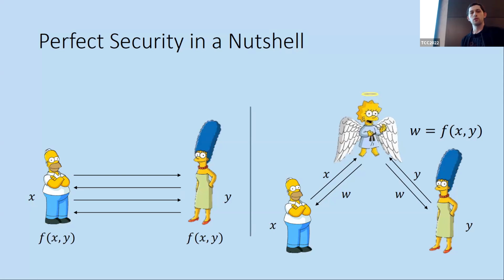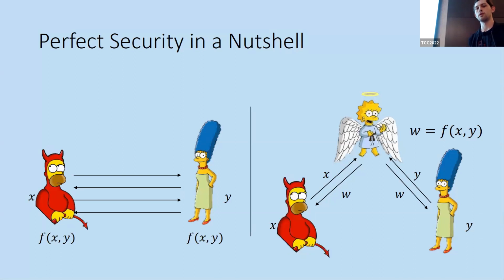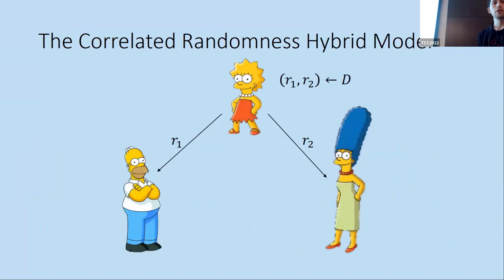And we say that the protocol is perfectly secure if for any adversary corrupting one of the parties in the real world, there exists a simulator corrupting the same party in the ideal world such that the 2 worlds are identically distributed. So this seems like a very strong definition. We don't have an honest majority, and we require perfect security.